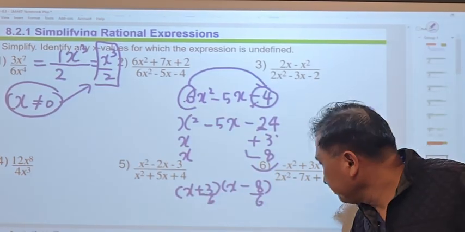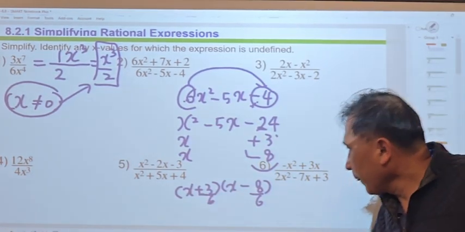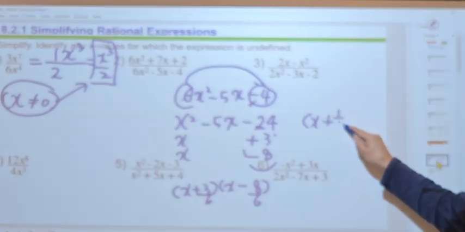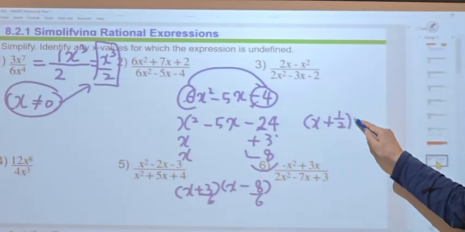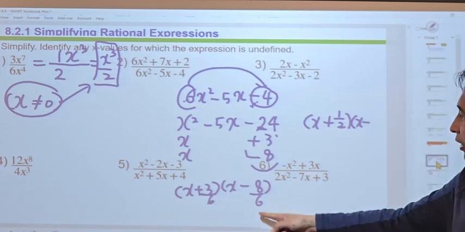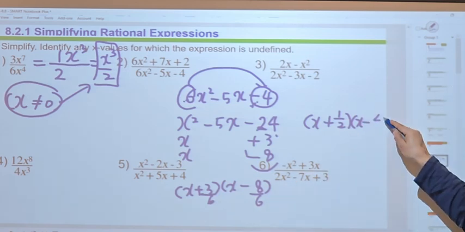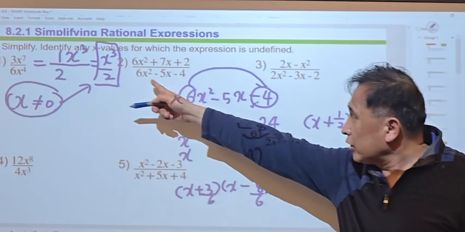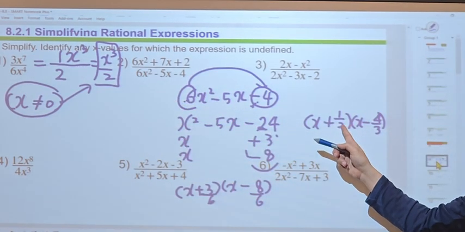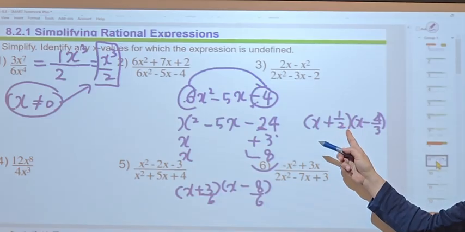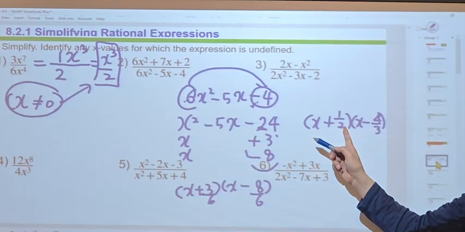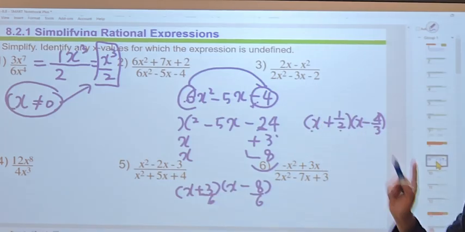So that becomes x, this is 1/2, and this is x, 4 over 3, right? Everybody got it? But this is a 6, so the denominator is a fraction, then get rid of that fraction. This denominator is 2, so multiply by 2, but not only here, you need to multiply here and here.